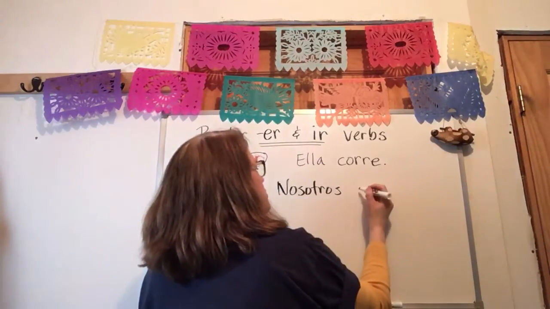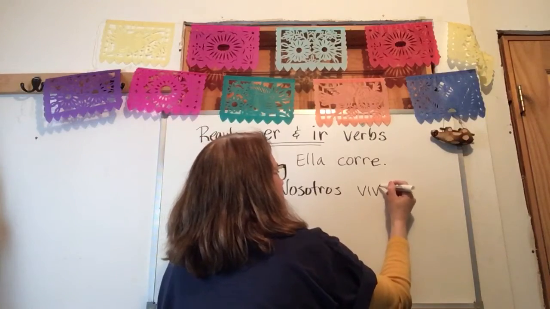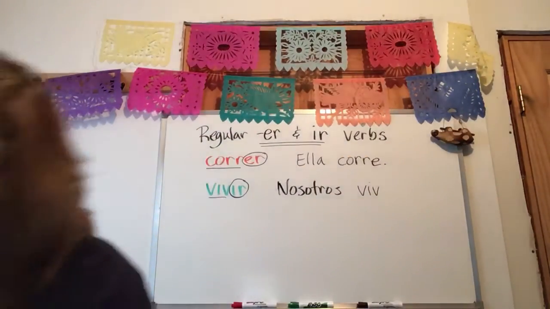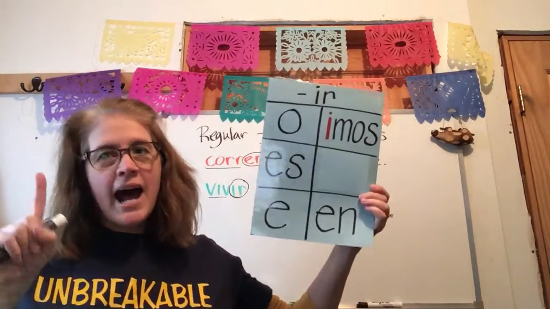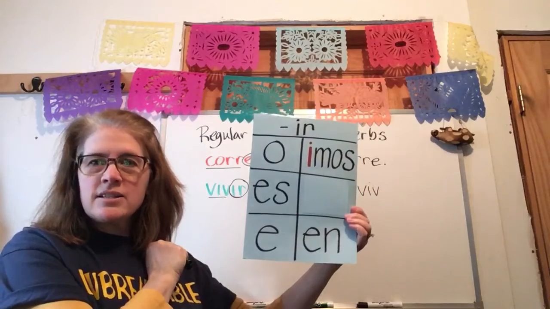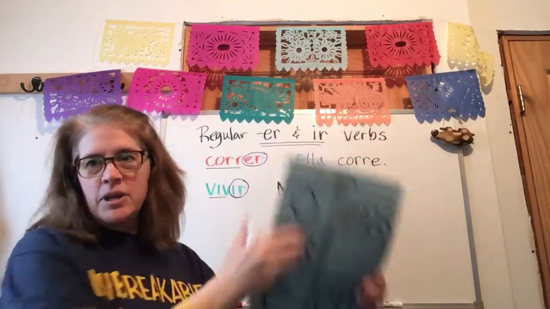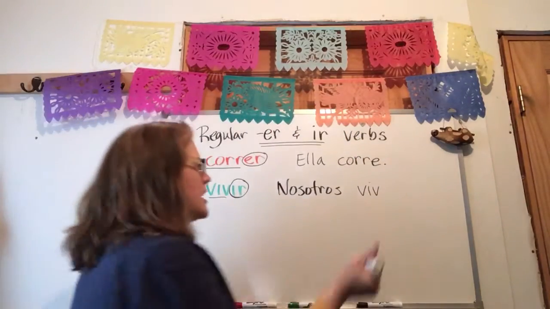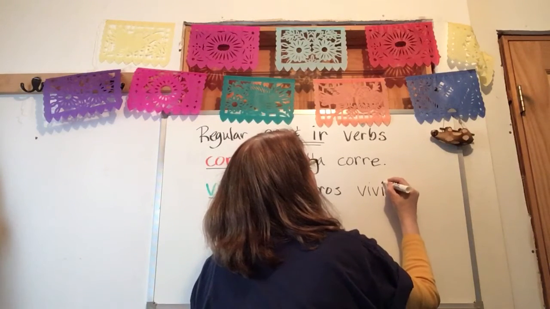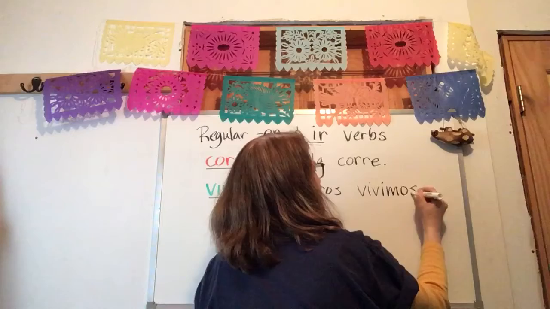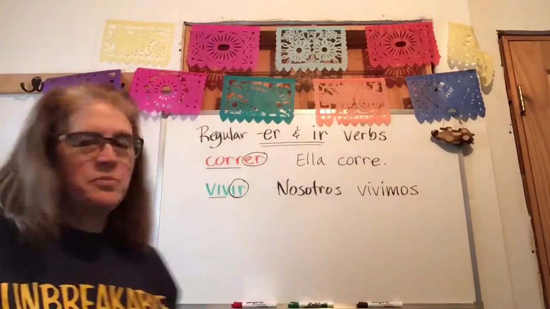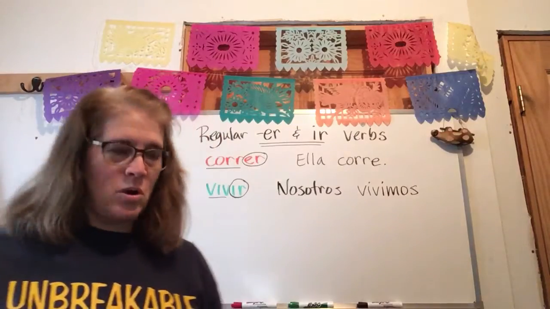We're going to write down the stem, and then we have to go to the appropriate endings, remember this is an IR verb. Where's the nosotros box? Right up here. Okay, so the correct ending would be imos. That's not an accent, by the way. Nosotros vivimos en el campo.